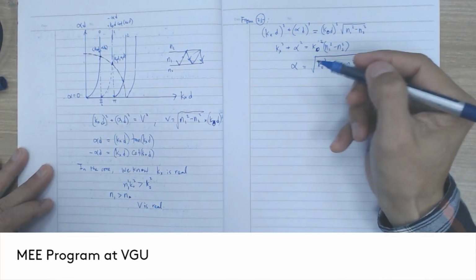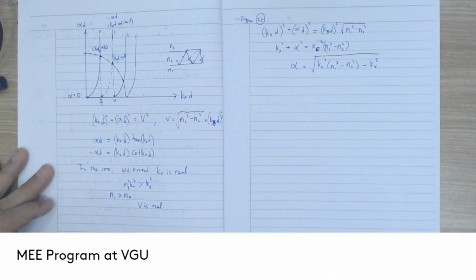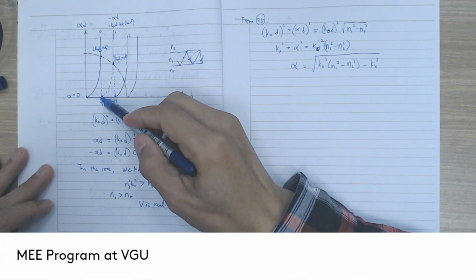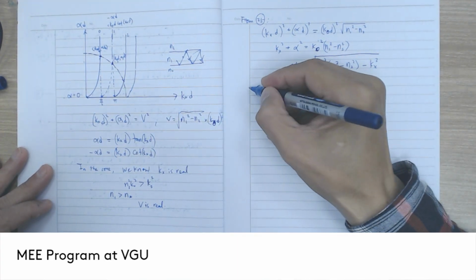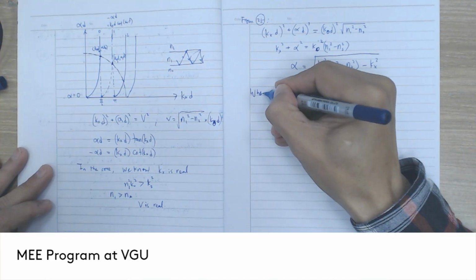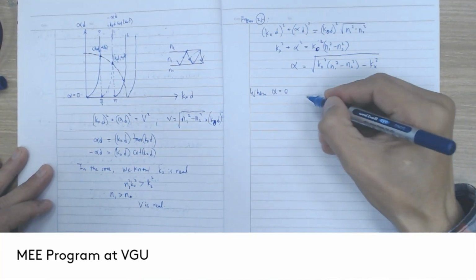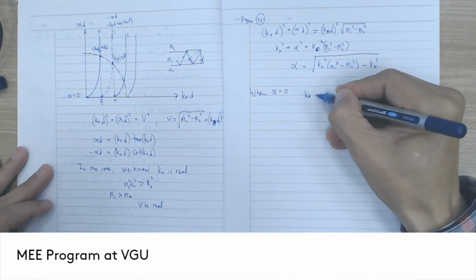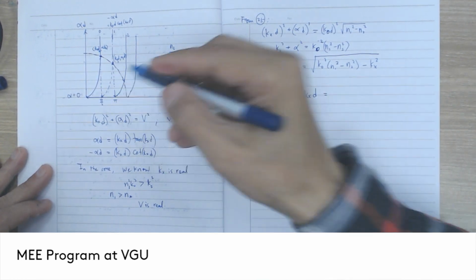So in this case, first we need to determine the value of kx when alpha is 0. So when alpha is 0, according to this axis, kx d is equal to a multiple of half pi.